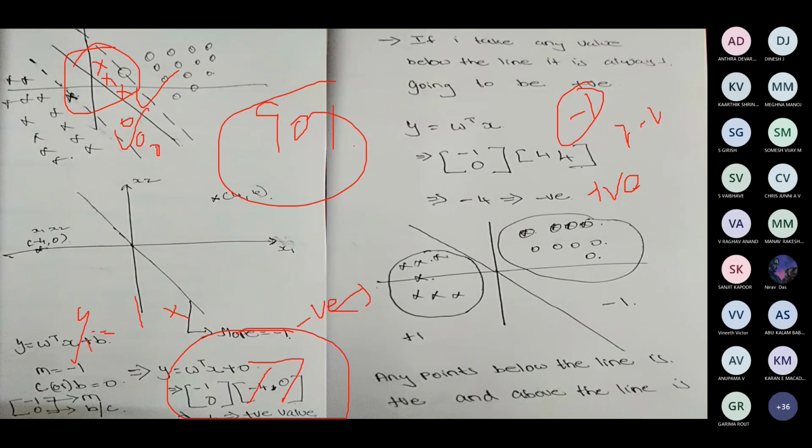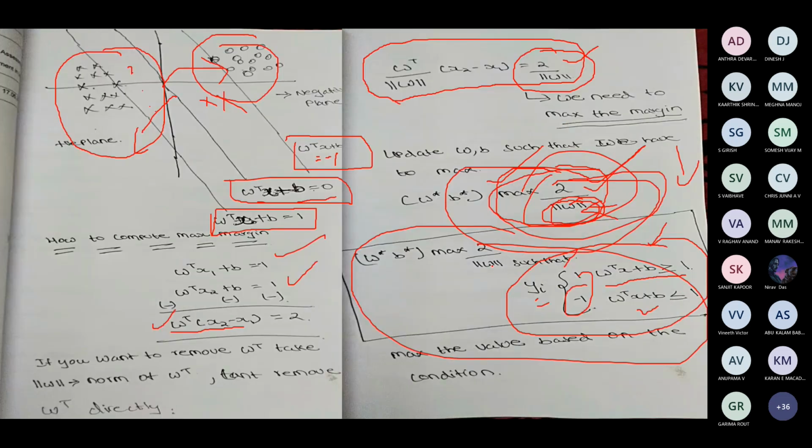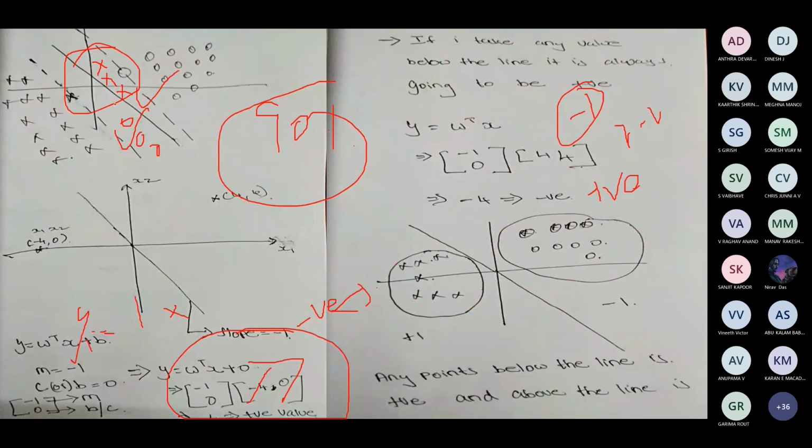So C is how many errors I can consider, 4, 5 or 6 misclassified. We need not change our hyperplane if it is 3 or 4 or 5. I am setting the threshold of the error, the distance between this and this.